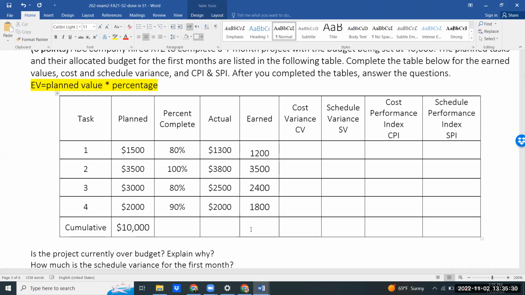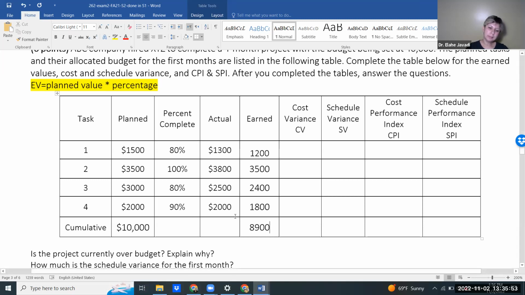Give me a total of earned value, Ishika. 8,900. 8,900. I'm gonna put that, just doing it quickly in my head. 6, 7. Yes, thank you. Genesia, can you give me a total for actual, please?